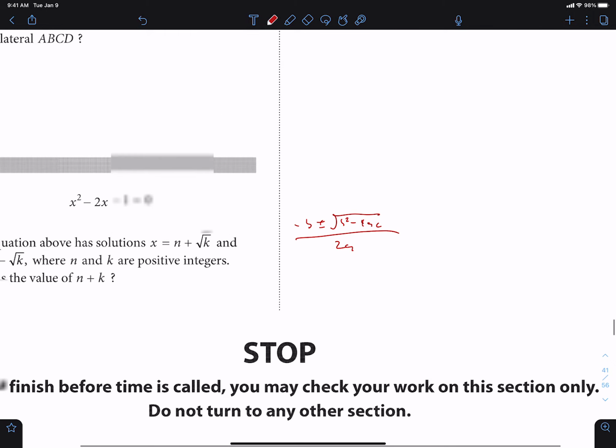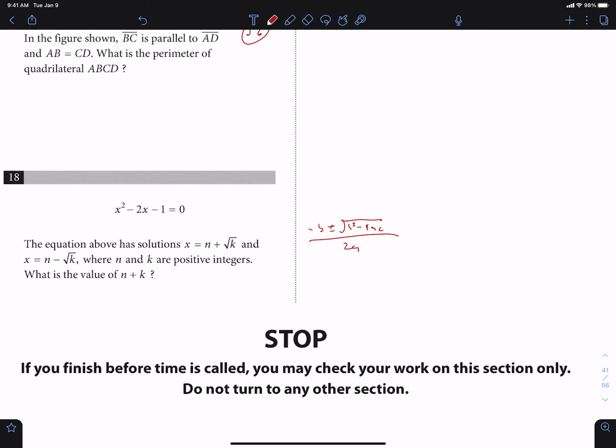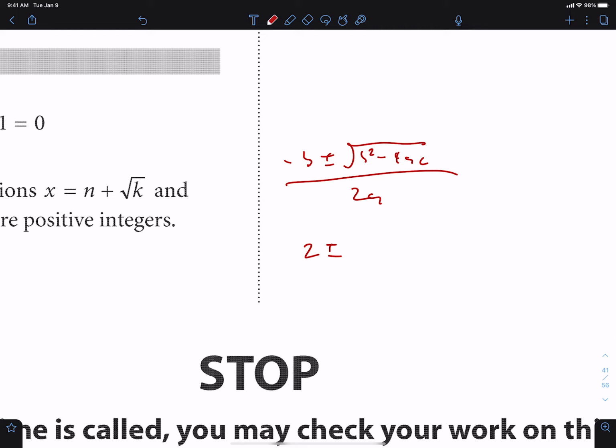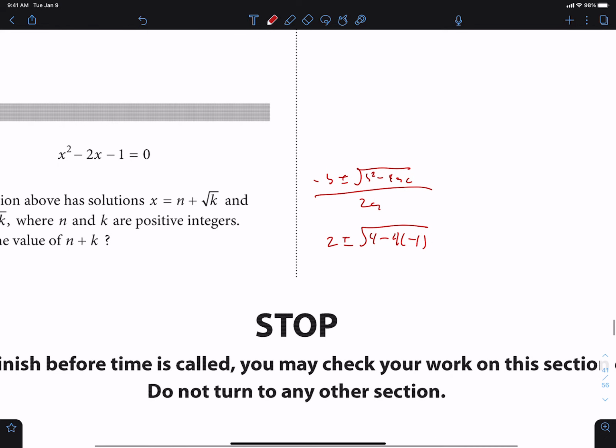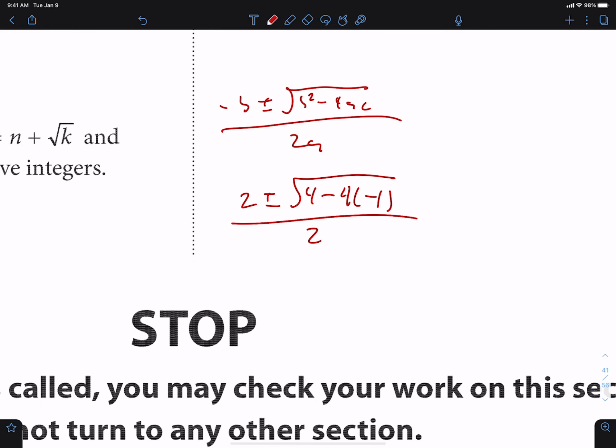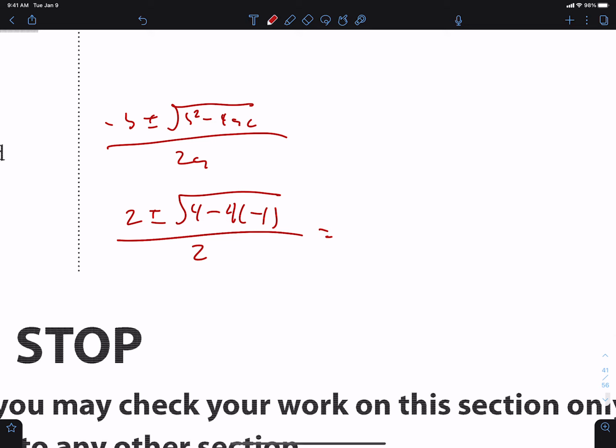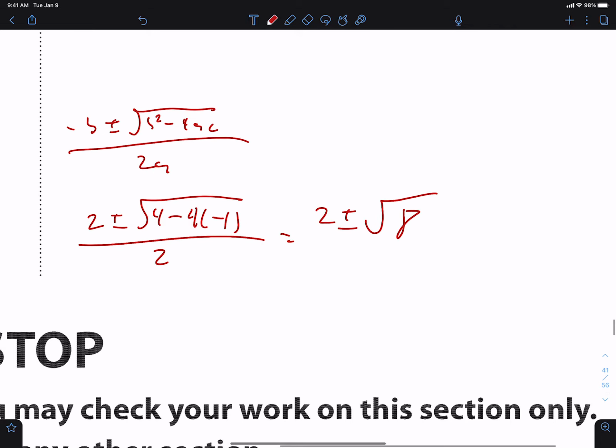In this case, we get 2 plus or minus the square root of 4 minus 4 times negative 1, and then this is all going to be over 2. So we get 2 plus or minus the square root of 8 all over 2.